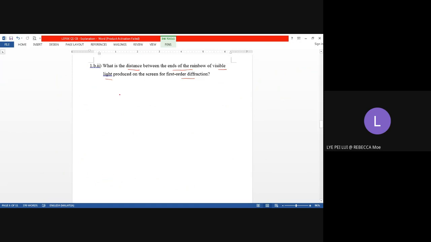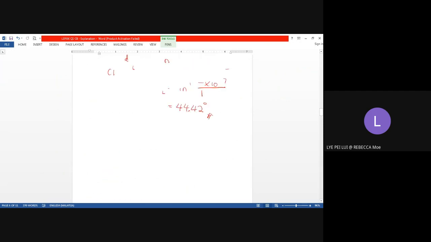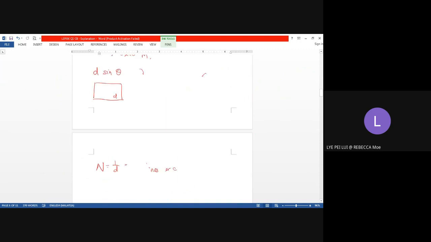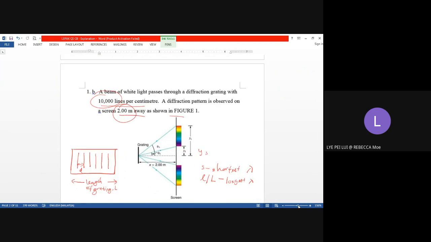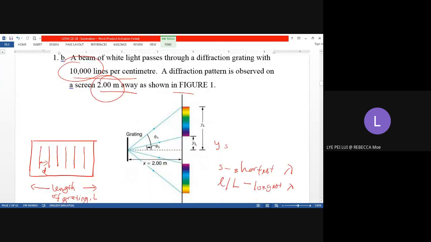Okay, I draw a right angle triangle first. How do we see? You look at this question. All right, so you have the shortest ys separation, and then longest.